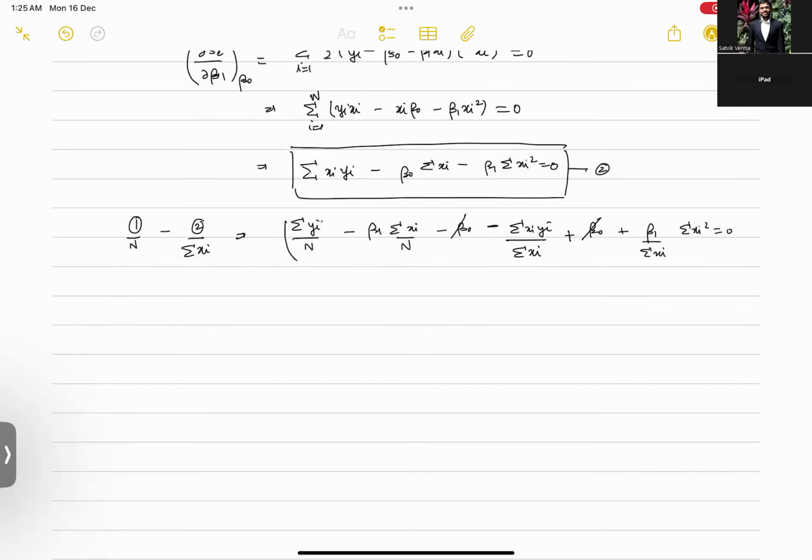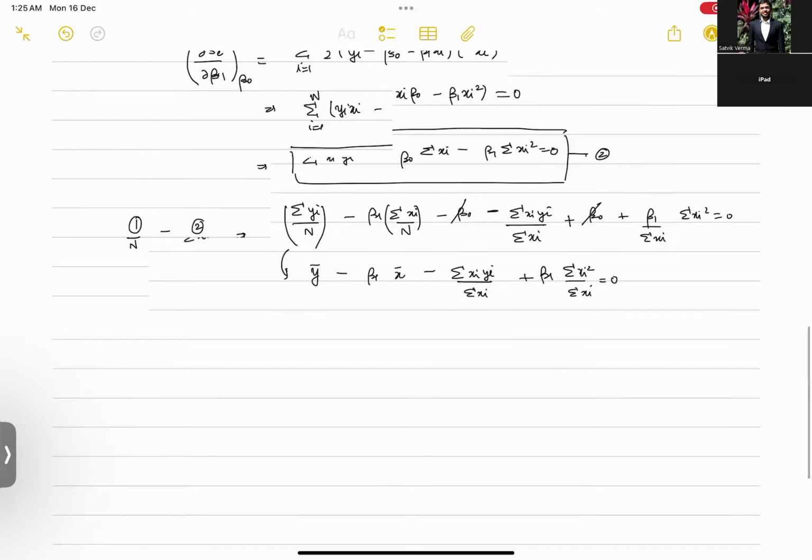This becomes yi bar or just y bar, which is the mean value, minus beta 1. This becomes x bar, right? This is summation xi yi by summation xi. And this is plus beta 1 summation xi square by summation xi equals to 0.